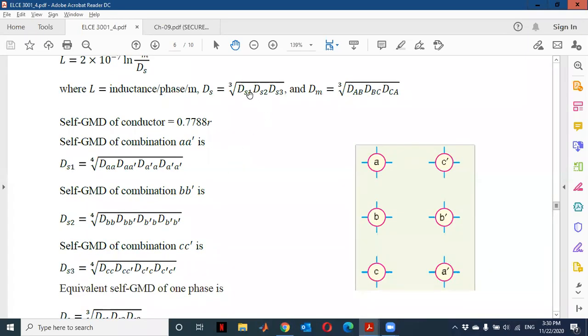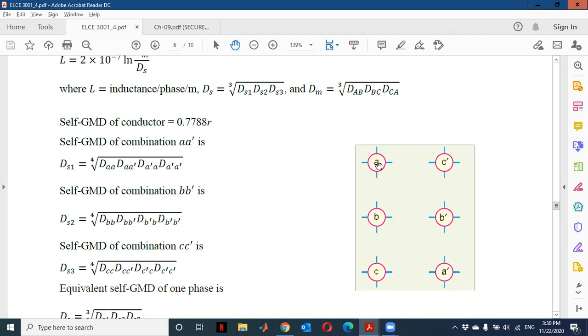Now, DS1 is in conductor A. For DS1, we will use this equation: D from A to A, A to A dash, A dash to A, and A dash to A dash. This is called self GMD.